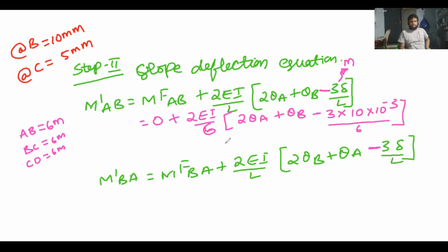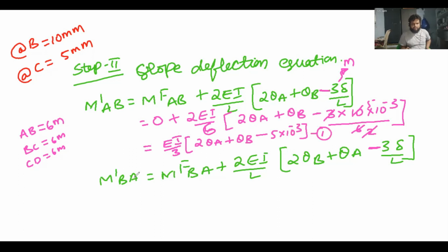Now EI by 3 times 2 theta A plus theta B is equal to minus 5 into 10 to the power of minus 3, correct? So this is 2 times, and this is 5 times. So minus 5 into 10 to the power of minus 3. Take this as equation number 1.